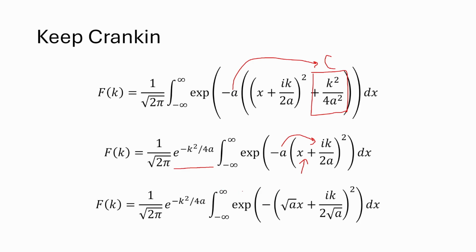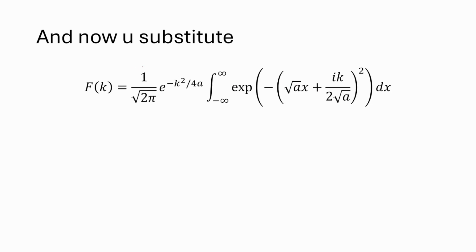So we have now pulled out the constant part of the exponential, and we've factored all the other terms into this single squared quantity, so it's just e to the negative something squared. And that is a good thing because we do a u substitution. We're going to redefine our variable of integration, and we're going to go from x to u. That's why it's called a u substitution, of course.